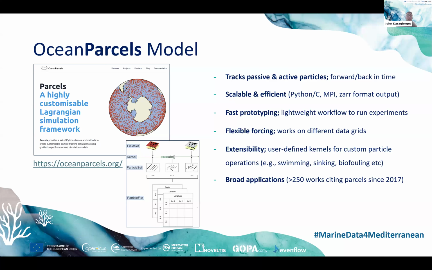It is an open source Lagrangian modeling framework that can simulate the movement of passive or active particles in the ocean, either forward in time to identify where the particles will move, or, as in our case, to identify the likely sources of origin.